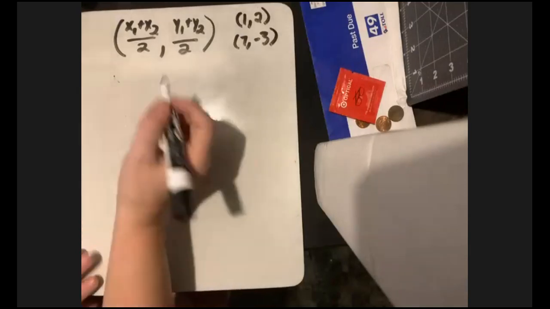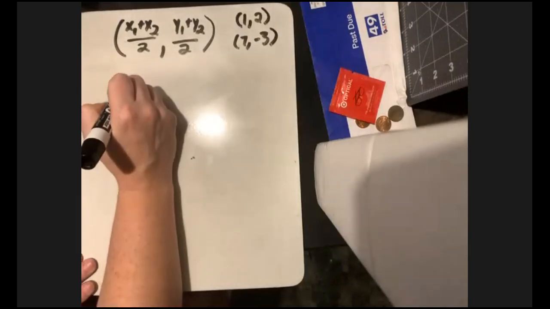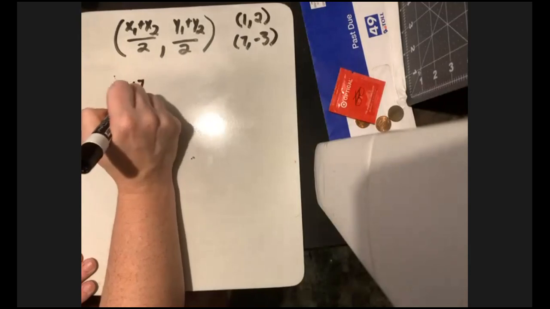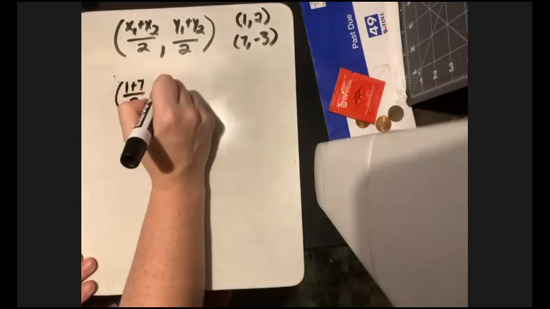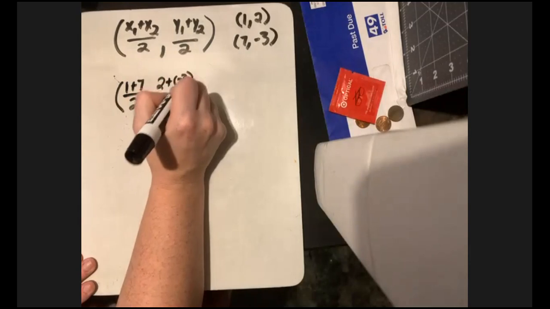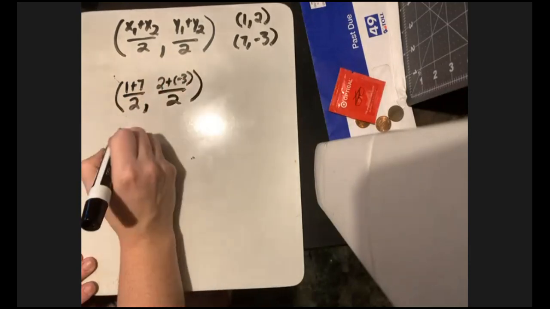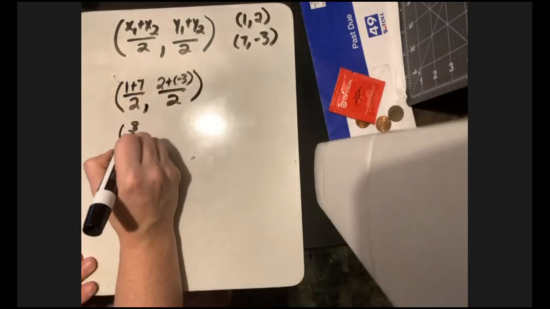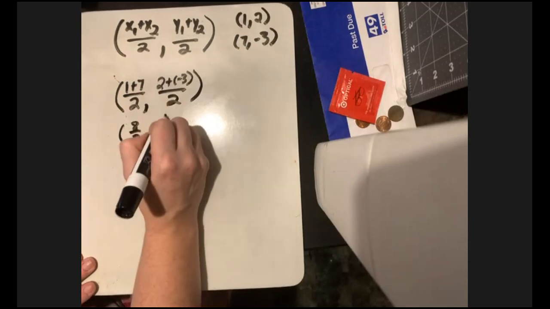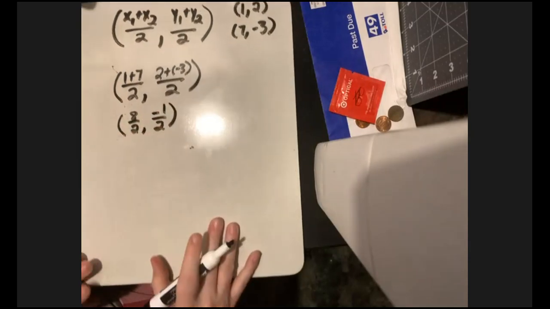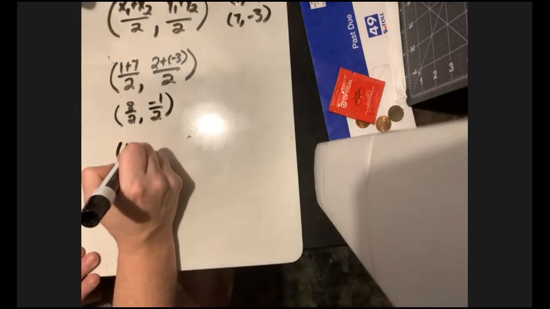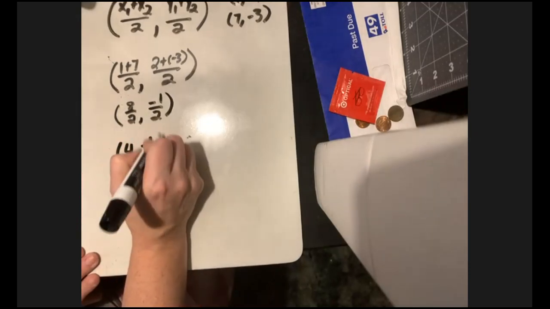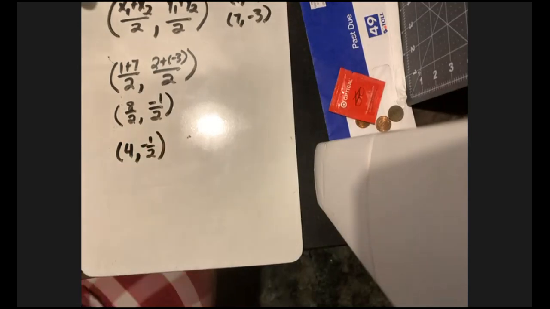Okay, so we're going to take 1 plus 7 over 2, and then 2 plus -3 over 2. That's going to give me 8 over 2, -1 over 2. And then cleaning the last of that up is going to be 4. And I would just leave that as -1/2. Okay, and midpoint is quite literally that straightforward.